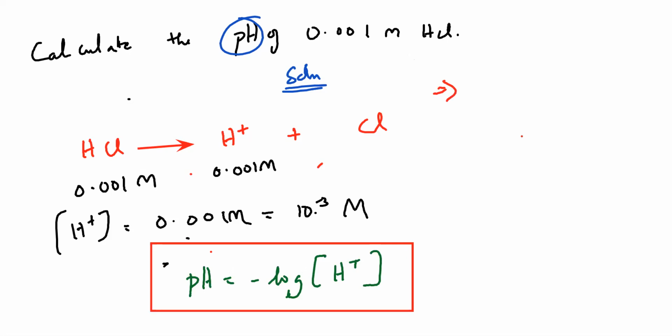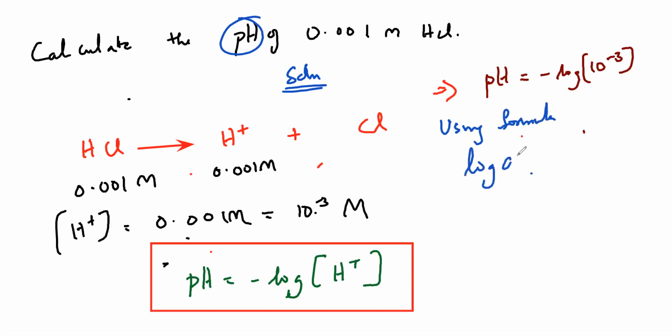This implies pH is equal to minus log of 10 power minus 3. Now by using the formula log of a power x is equal to x log a.